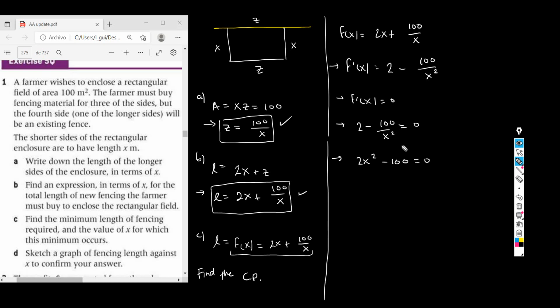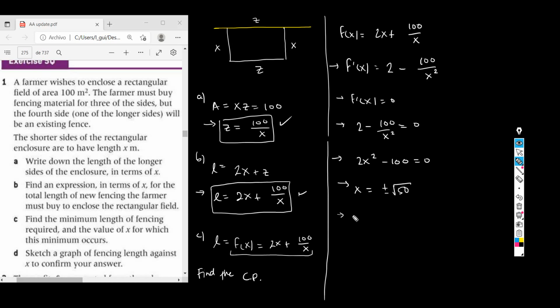I am multiplying by x squared on both sides in order to produce this. And the rest is very simple. I'm going to take some shortcuts as always. You do the rest, right? So we have two accepted values for x, which is the positive and the negative square root of 50. But obviously, given the context of the problem, the negative value is inadmissible, right? Because there is no such thing as negative sides.